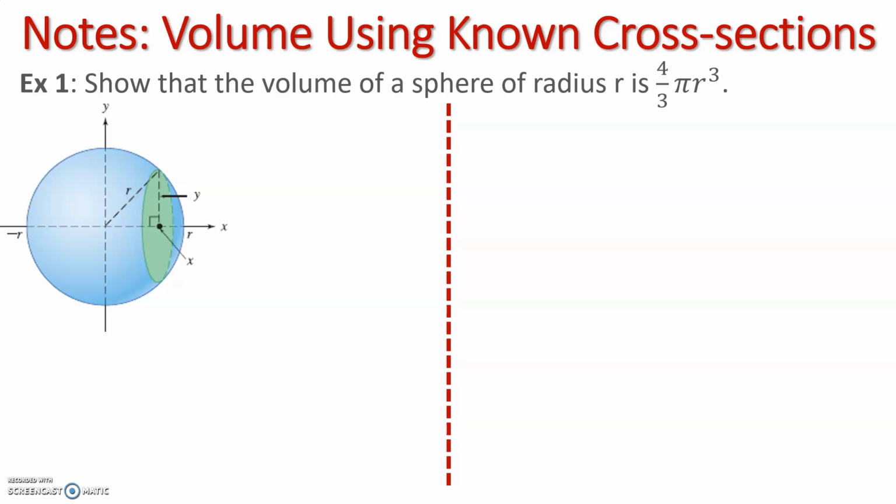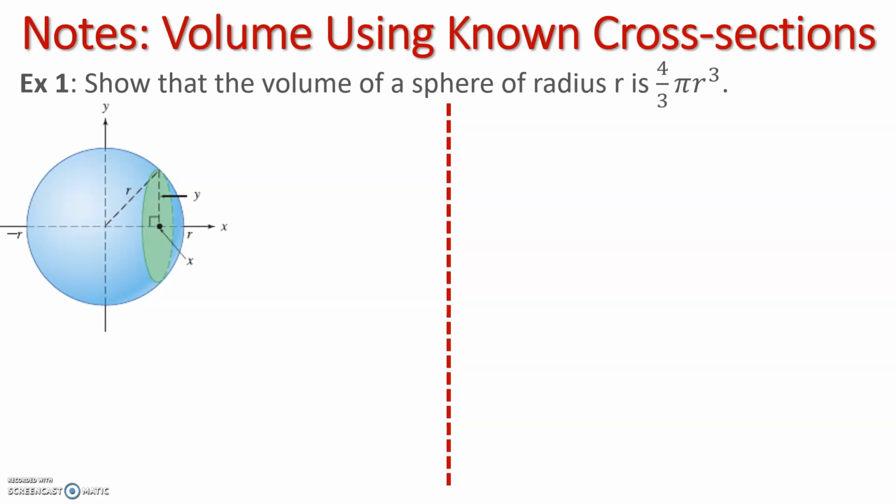Now, if I were to take this ball, this sphere, and slice it perpendicular to the x-axis, we get circles all the way across. We get circles from negative r to r across the sphere.